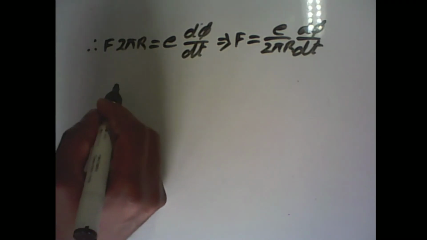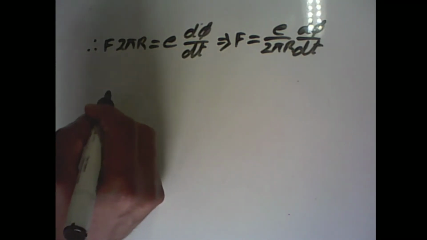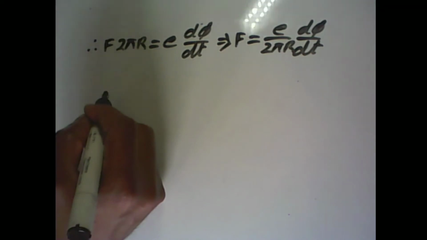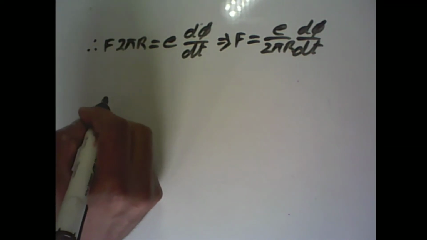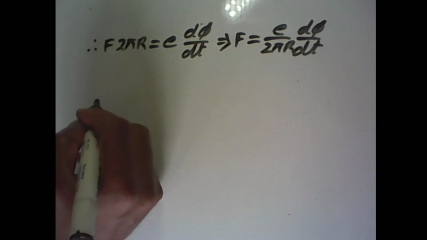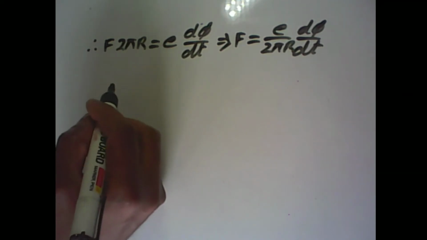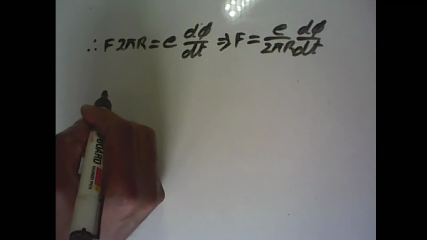Now again, the electrons moving in the circular orbit of radius r will experience a centripetal force. They are moving in a circular path of radius r because of the force they experience due to the magnetic field linked with the orbit.